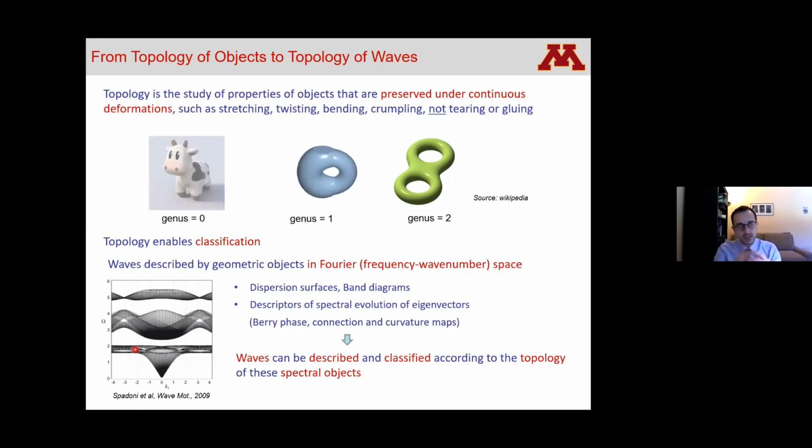That has led first to a different interpretation of even classical concepts in wave propagation, but also to the discovery of new wave phenomena which were until recently unknown or understudied, and also to the development of new metamaterial architectures that have wave functionalities which were until very recently underexploited.